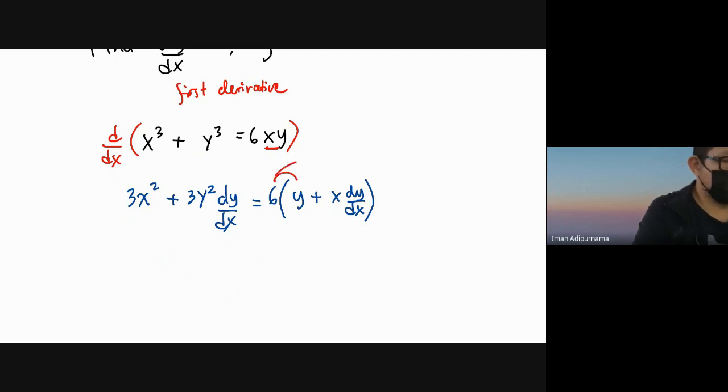And multiply 6 here, and then grouping dy dx, 3y squared minus... I think maybe we can just simply cancel this 3 out, and this will be 2.